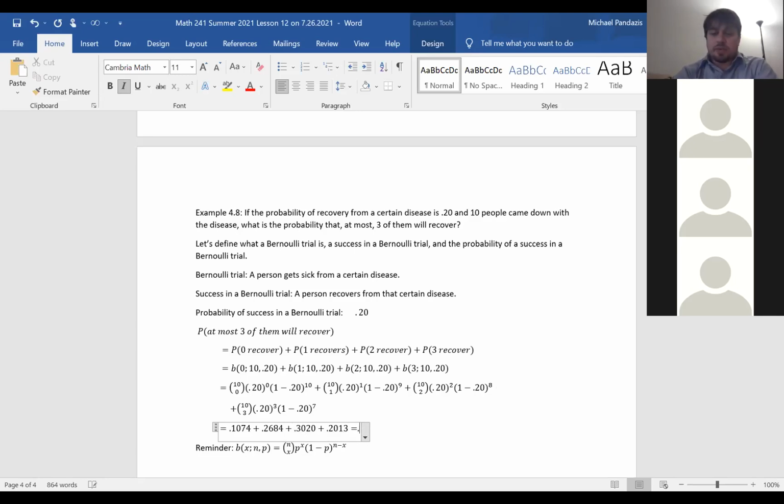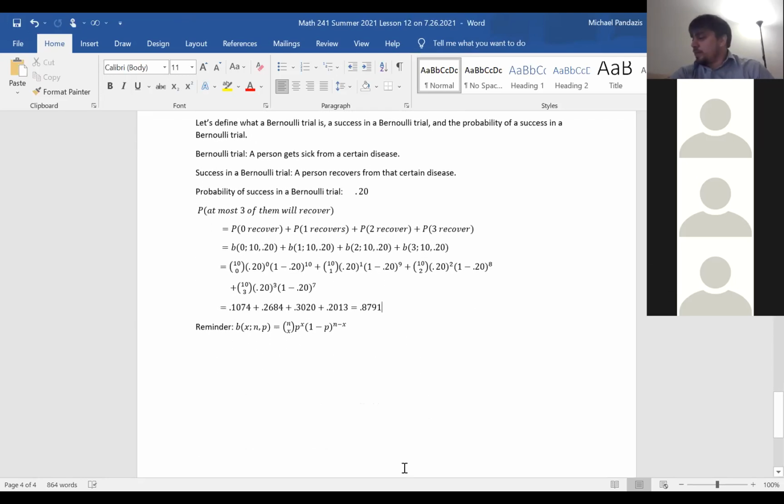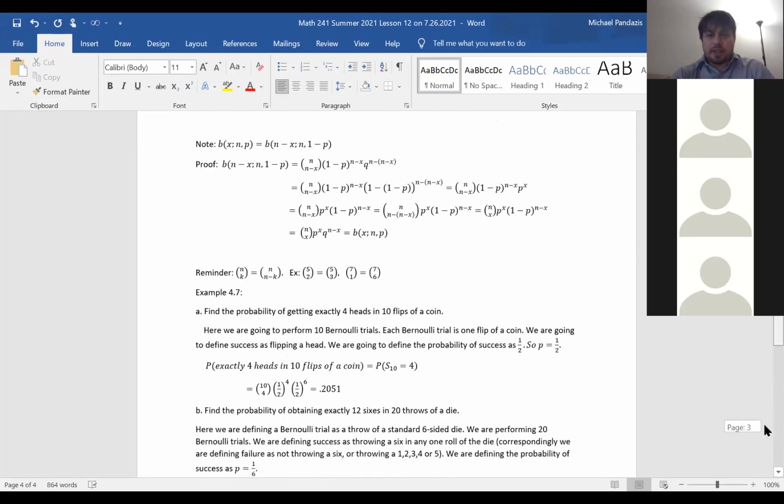This is equal to 0.8791. That's the probability that at most 3 of them will recover. Good. Okay, so we're going to stop there for today.